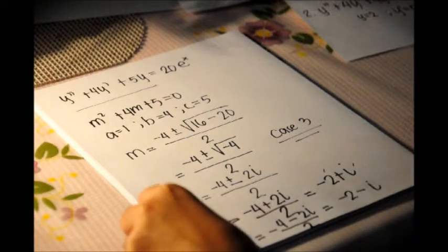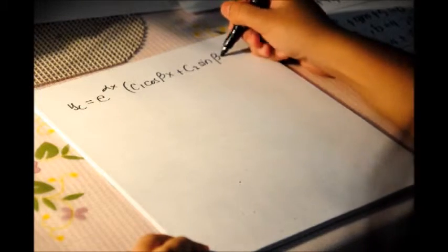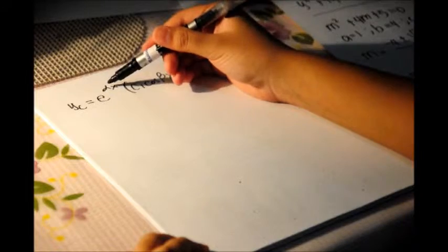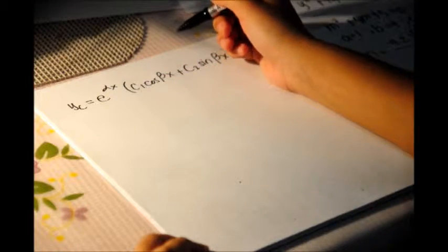Because it is case 3, the format of its yc would be yc is equal to e to the alpha x times c1 cosine beta x plus c2 sine beta x, where alpha is the real part and beta is the imaginary part.